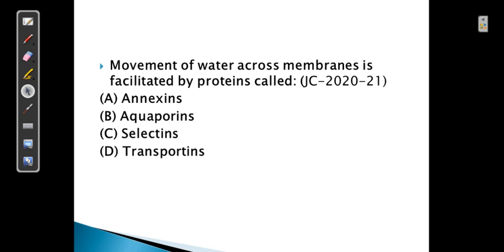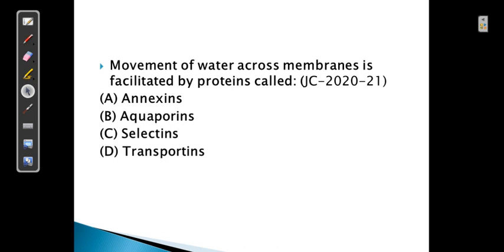Another question is, movement of water across the membrane is facilitated by proteins called option A, annexin, option B, aquaporins, option C, selectins, and option D, transportins.